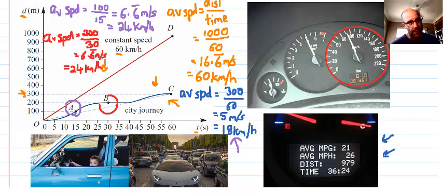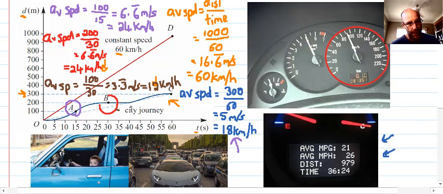So its average speed was 6.6 recurring meters per second, or 24 kilometers an hour as well, which means it must have slowed down when we were going from B to C to bring the average down to 18. So in the dark brown, I've calculated it from B out to C, and the average was 12 kilometers per hour. So all of those averages together make 18, and so that's quite different.